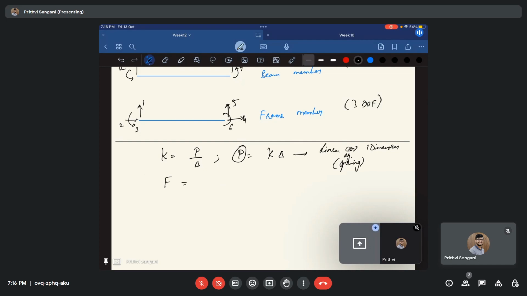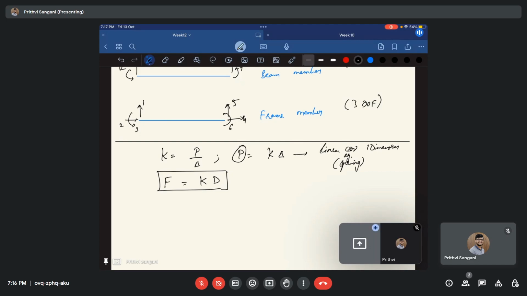We can say that F is equal to K times D. So the forces generated in the members are equal to the stiffness of the member times the displacement of the member. All right. So once we know the stiffness matrix, and if we know the displacements in the member, then we can directly find out the force.